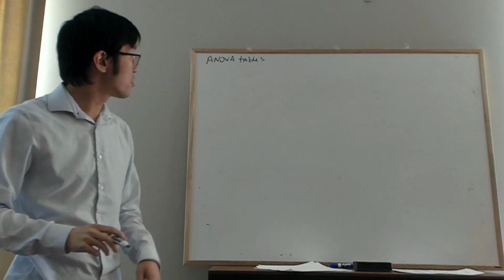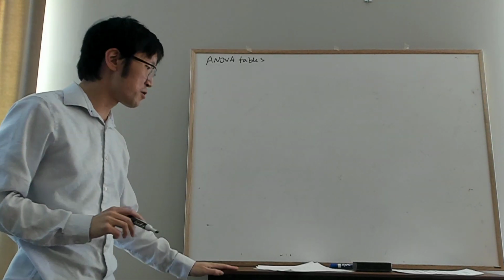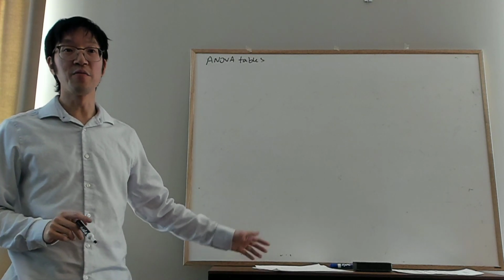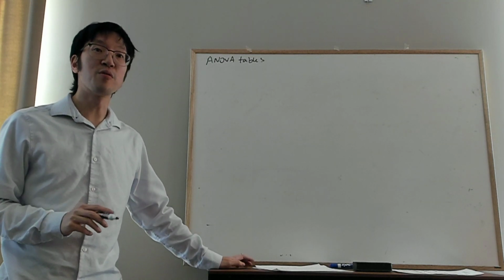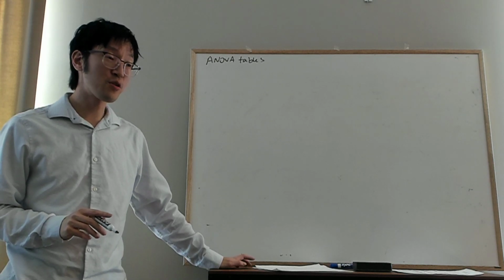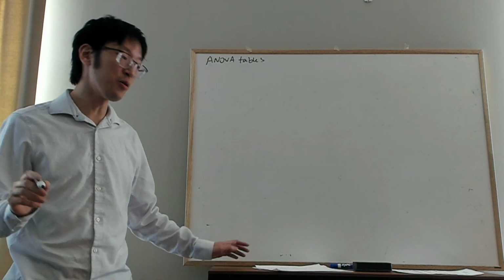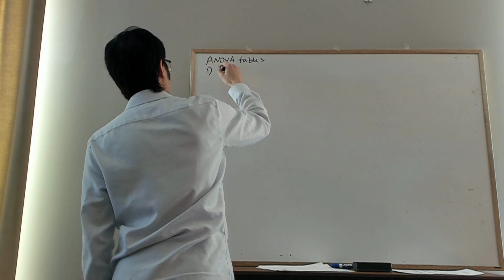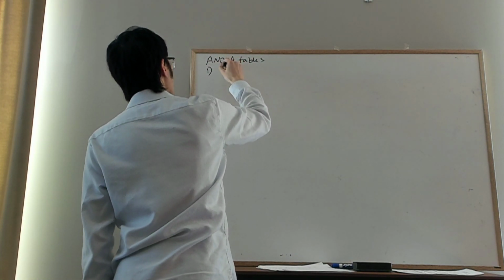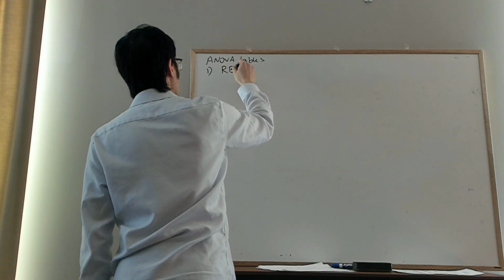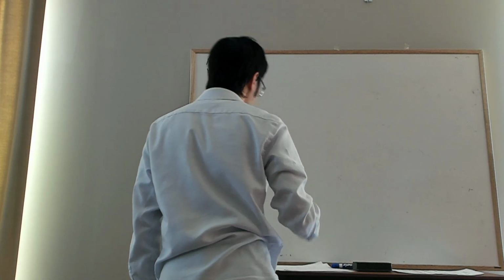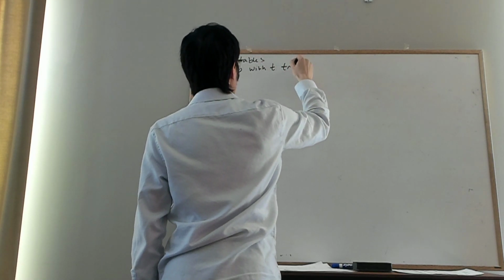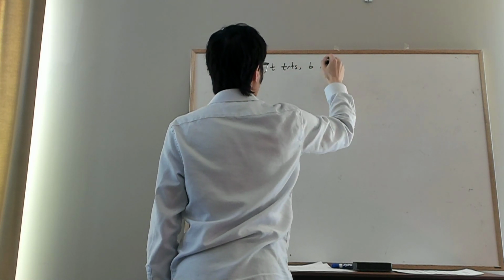Actually, there's not a whole lot of new things here. I'm just taking the same two ANOVA tables from the two-factor interaction model and adding a row for the blocks. So let's start with the RBD ANOVA table with T treatments and B blocks.